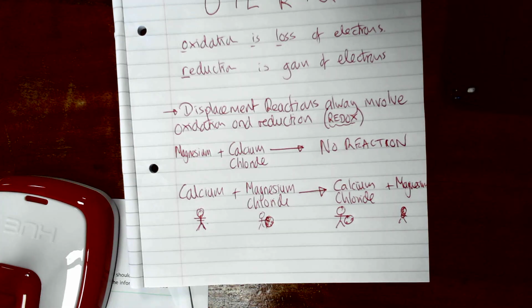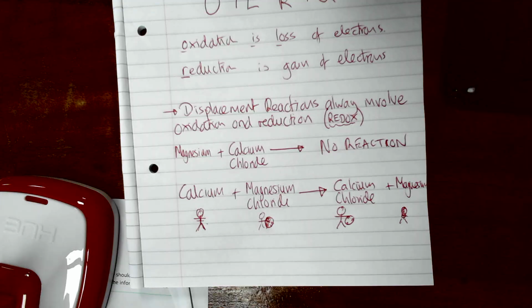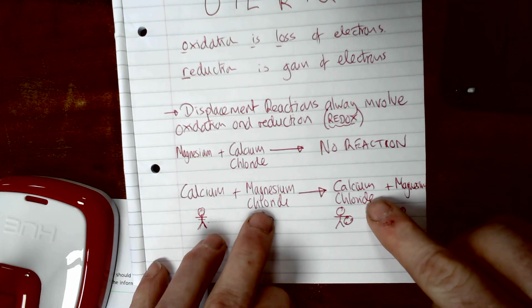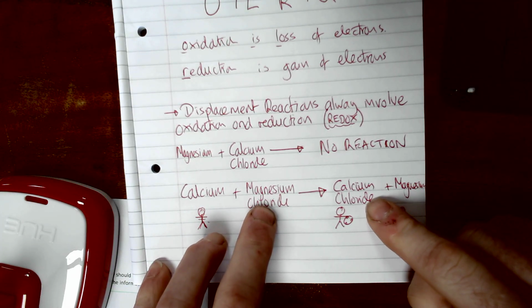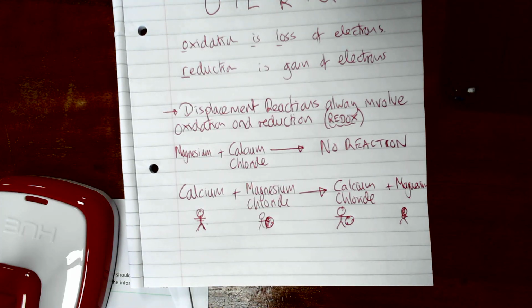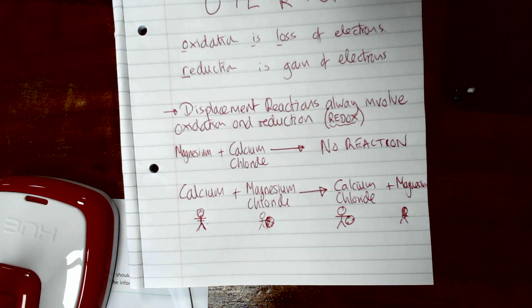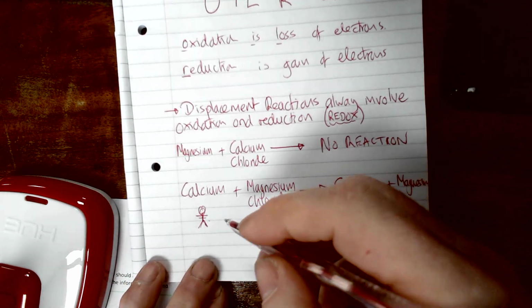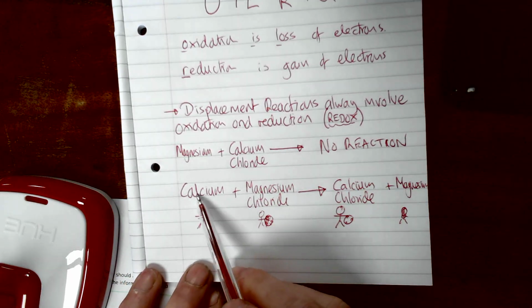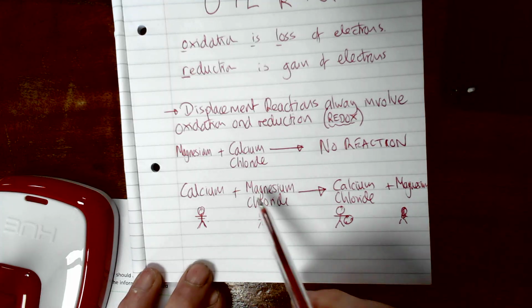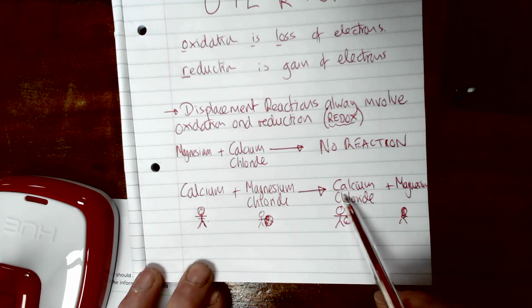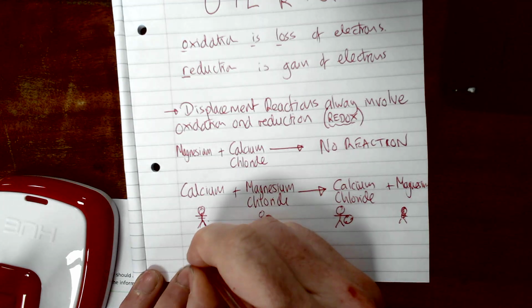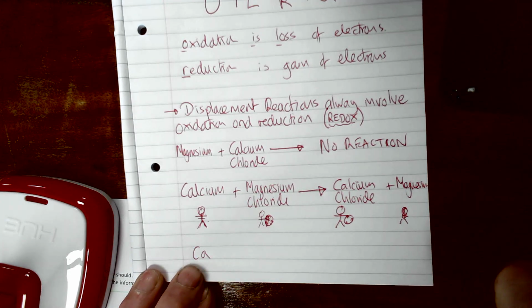All right, so in the world of chemistry, the more reactive metal always gets, in this case, the football, the chloride. But if we write this now as a full symbol equation, so this is a word equation, which I would expect you to be able to do lower down the school. Calcium is Ca.